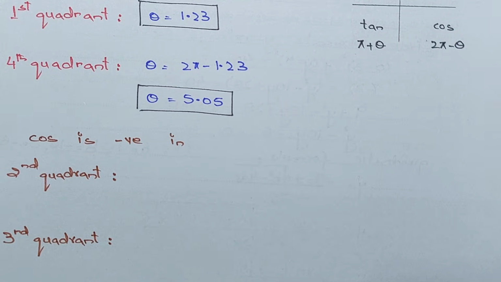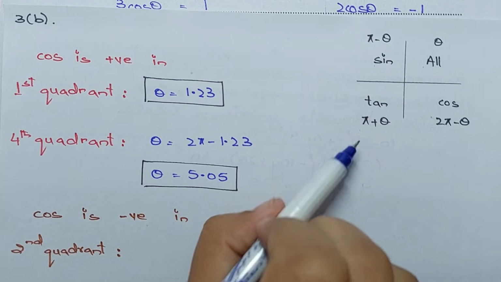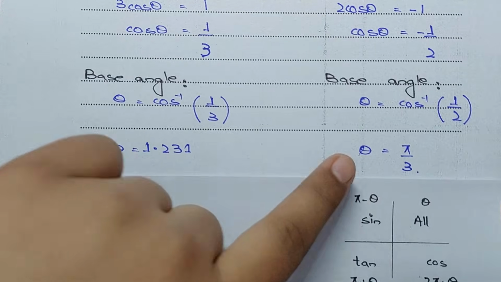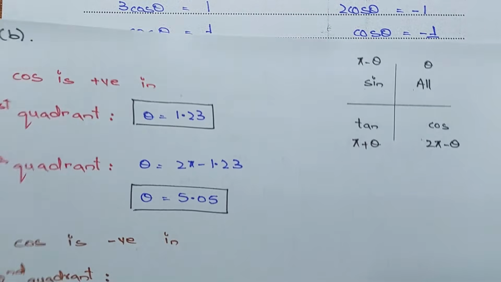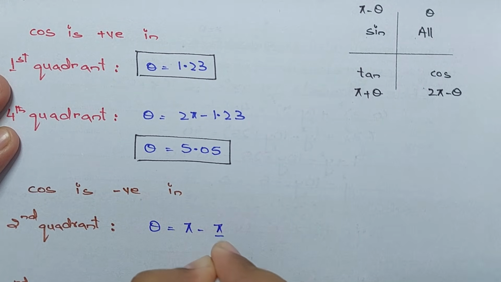All right. Now for the second quadrant, what is your answer for theta? Pi minus base angle, pi plus base angle. The base angle is pi by 3. So theta equals pi minus the base angle, and for the other, theta equals pi plus the base angle.